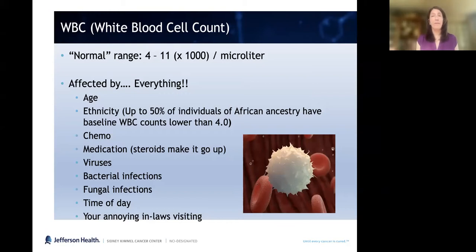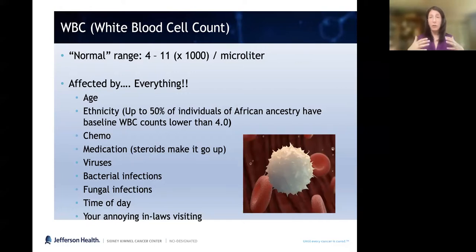It obviously can be affected by chemotherapy, by medications, by viruses. COVID-19, we see it all the time. People's blood counts can be really deranged by having had COVID-19, all kinds of infections, and honestly, the time of day, or something that just annoyed you, right? Anything may affect your white blood cell count.